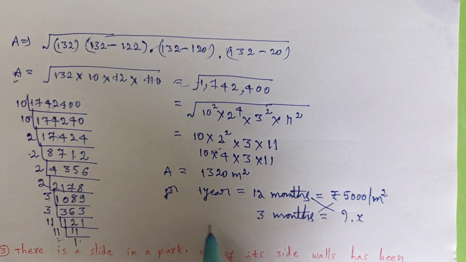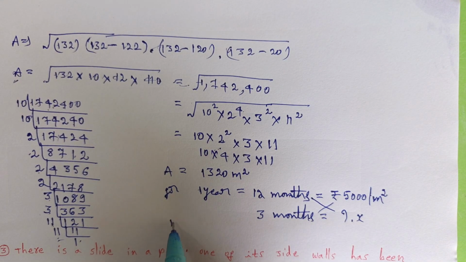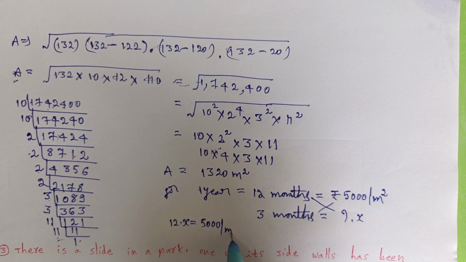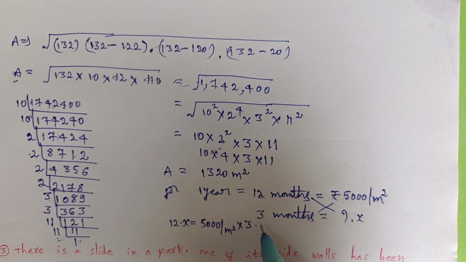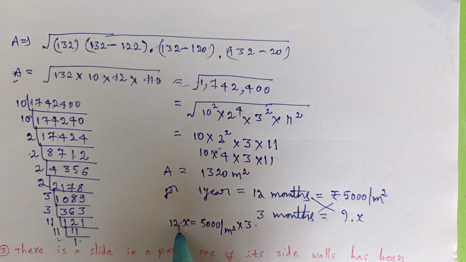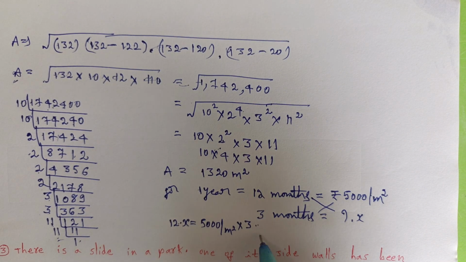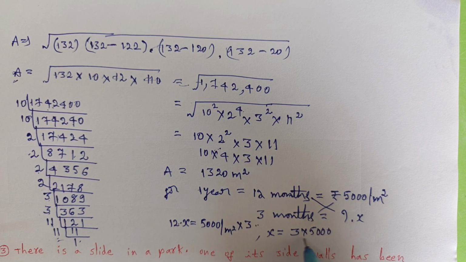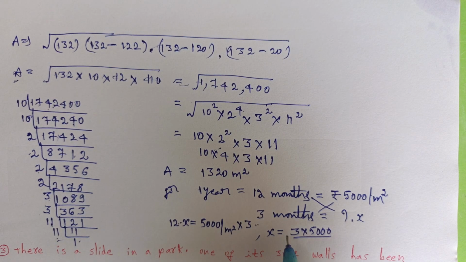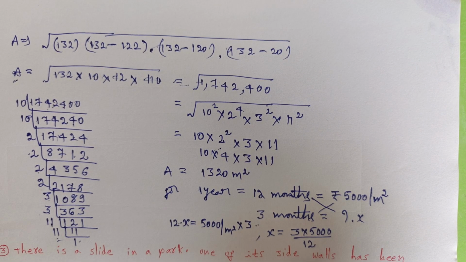So if I do cross multiplication, we can write like this. 12 into x equal to 5000 per meter square into 3 months. Okay, I am neglecting months because 12 months, 3 months gets cancelled. So here we can get x value as 3 into 5000. Now transpose 12 to the other side, so it becomes divided by 12.